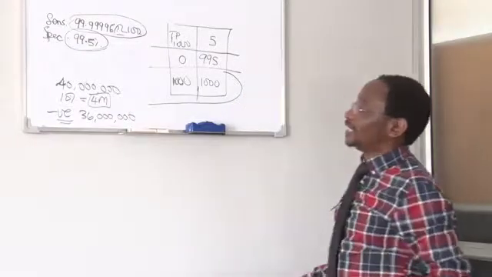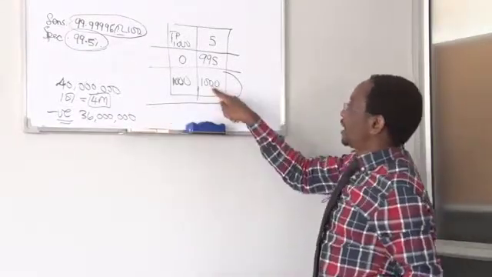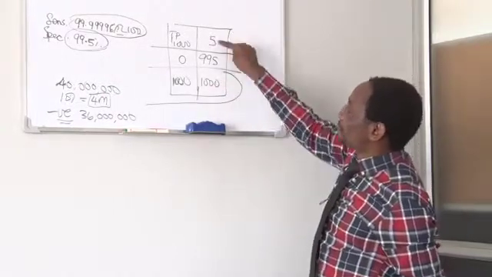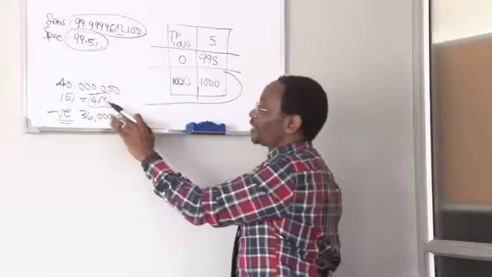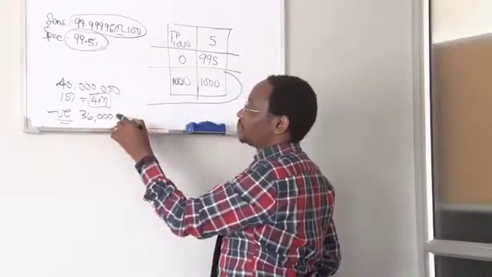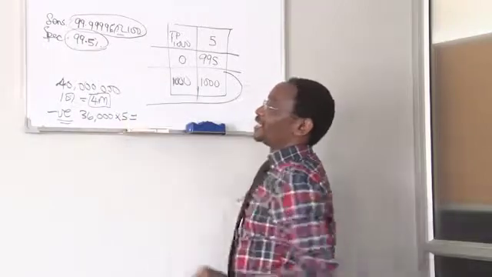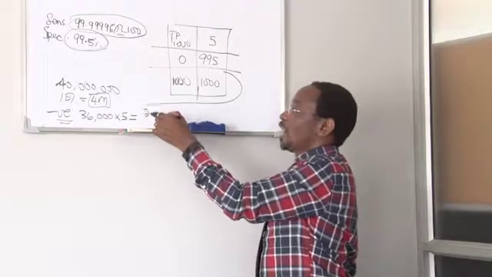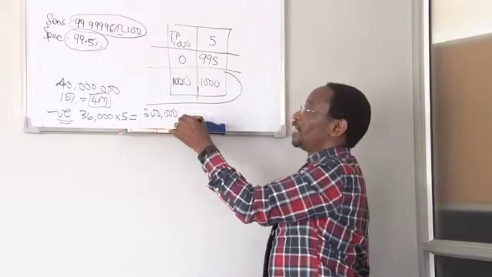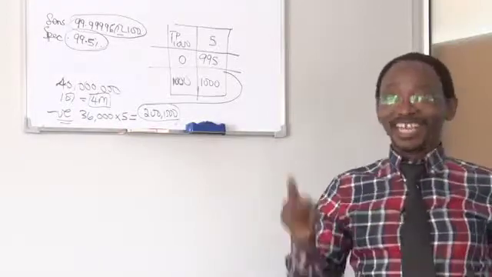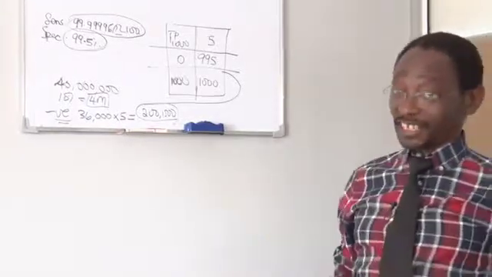When you apply this test, for every 1,000, there will be 5 false positives. How many thousands are here? There are 36,000 times 5. This is approximately 200,000 people misclassified as being positive when actually they are negative. So that's the challenge with this test.